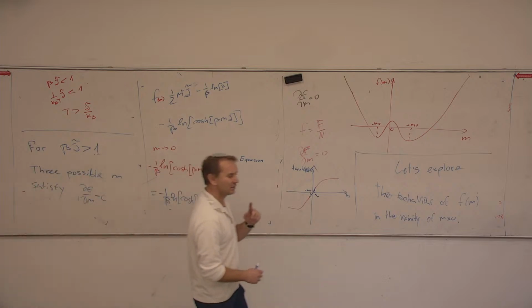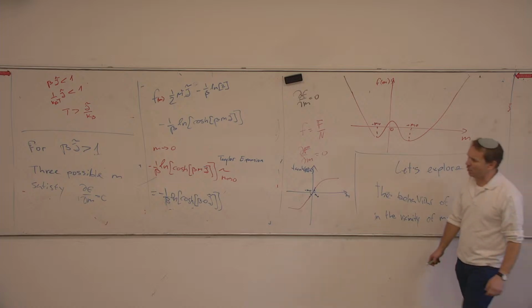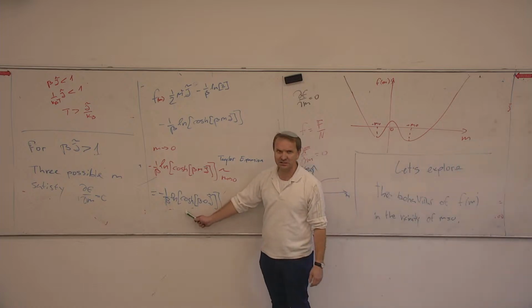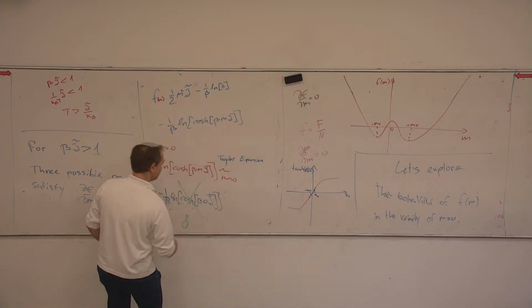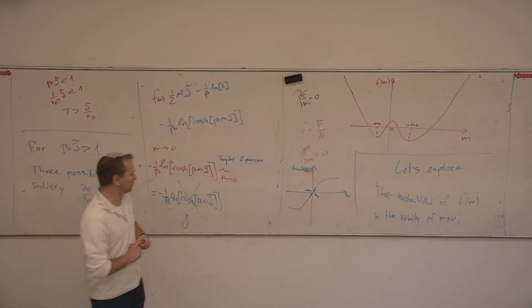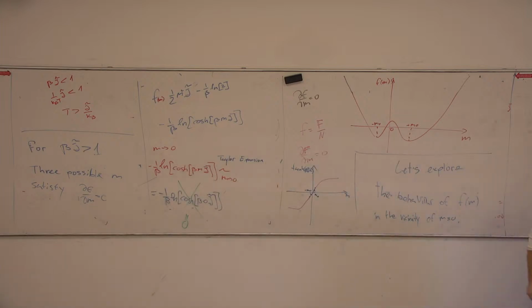It's 1, right? Now, a logarithm of 1 is 0. So I don't have this term. The zero-order term is neglected.